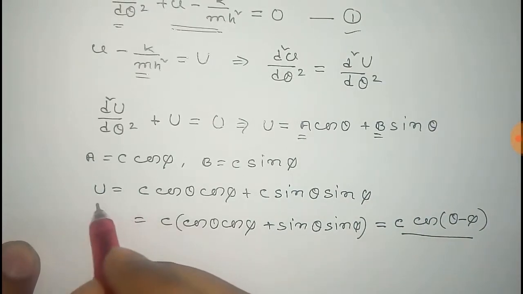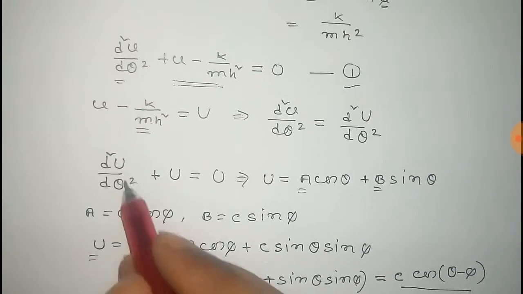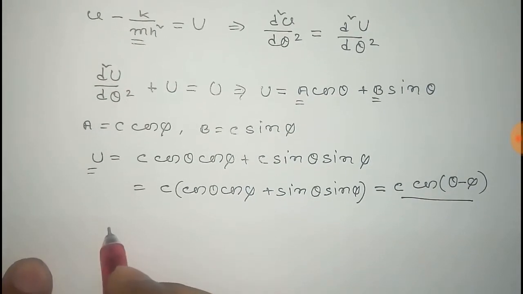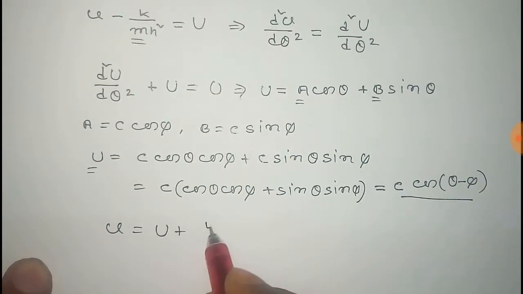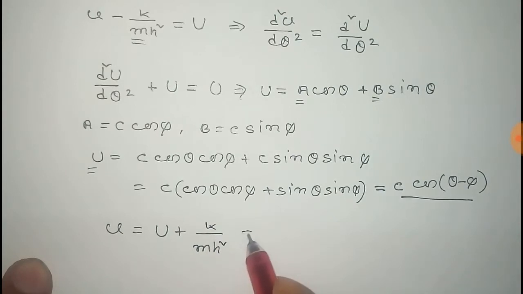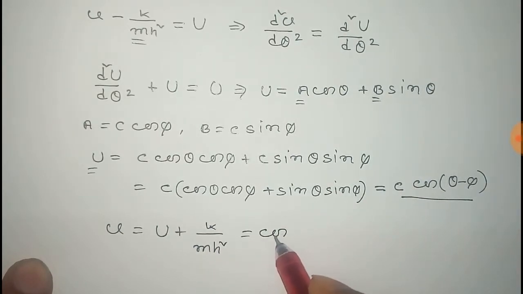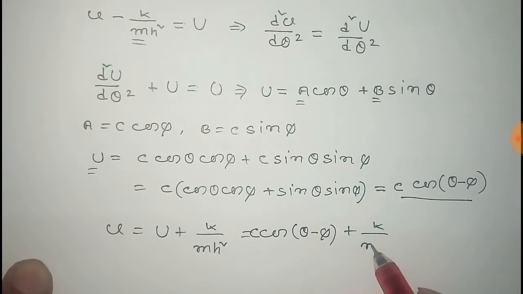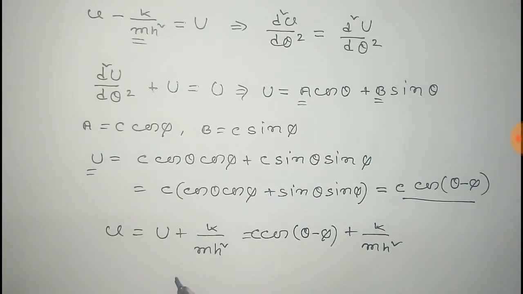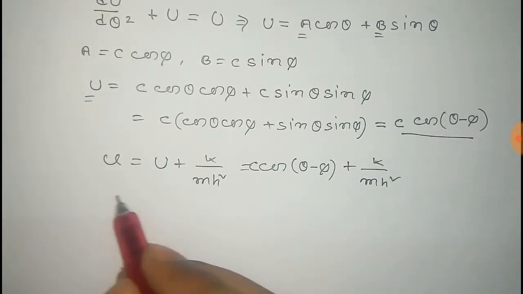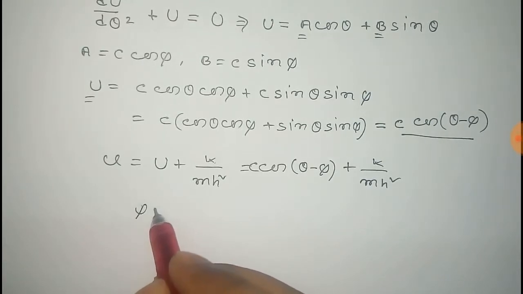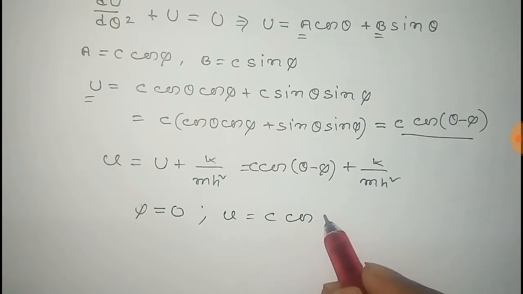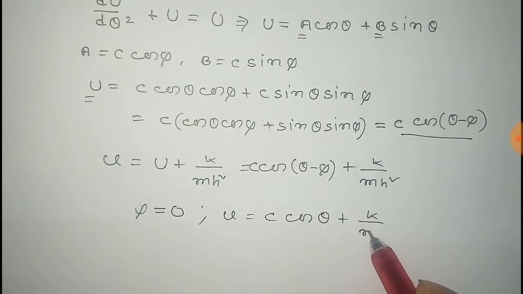Now we have got capital U. From this we can get small u, that equals capital U plus k by m h square, so putting the value of capital U, that is c cosine of theta minus phi plus k by m h square. Now a proper choice of axis leads to phi equals 0. So we get u equals c cosine theta plus k by m h square.